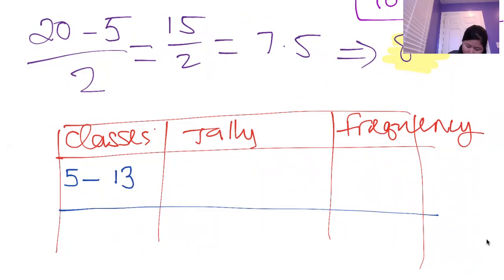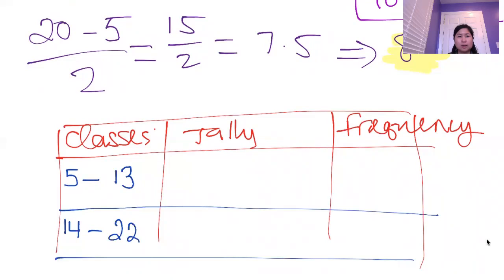I'm going to use the next value, which is 14. Then again, the class width that I solved for is 8, so I'm going to add 8. So 14 plus 8 gives you 22. So these would be your classes, right?